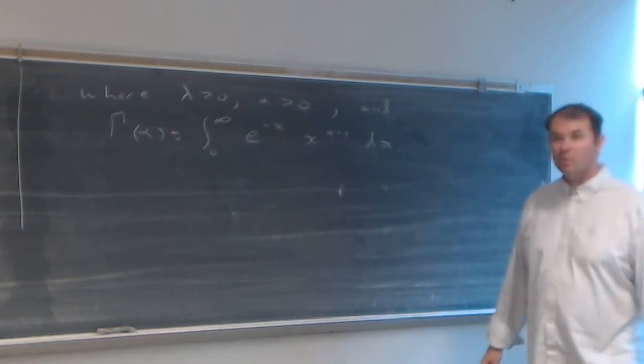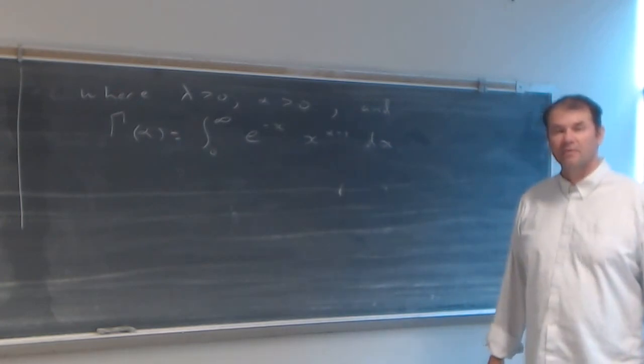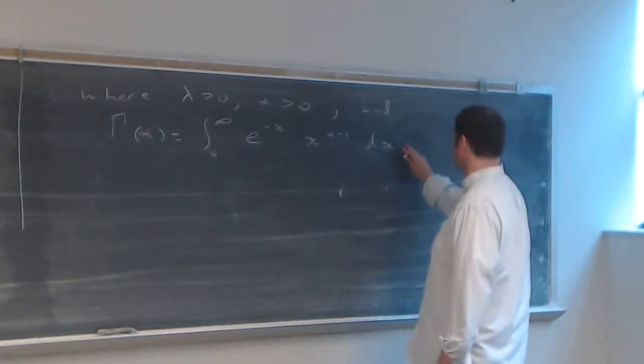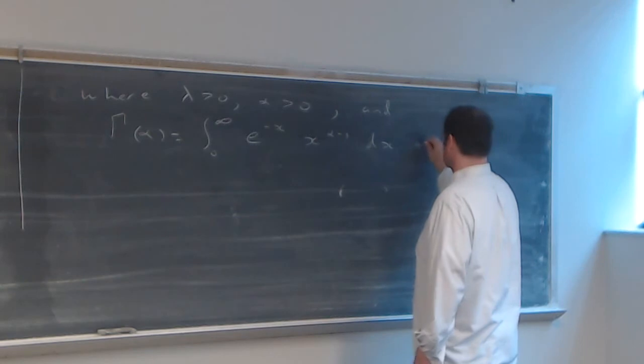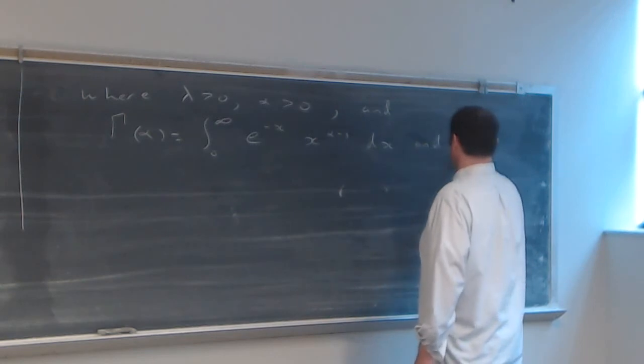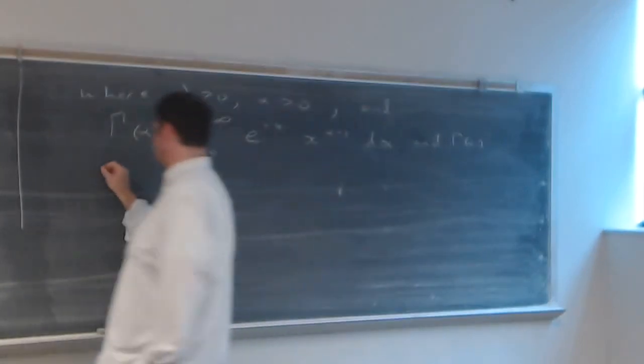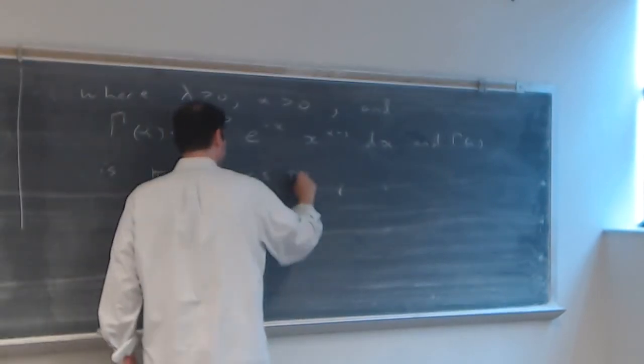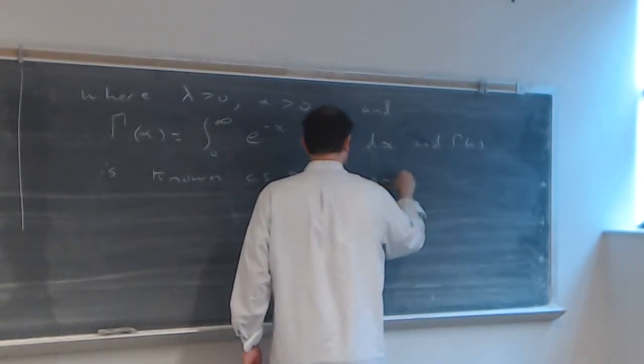And before we go on to do things about a gamma random variable, let's first work on this gamma function. Gamma of alpha is known as the gamma function.